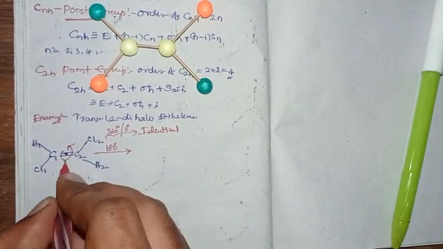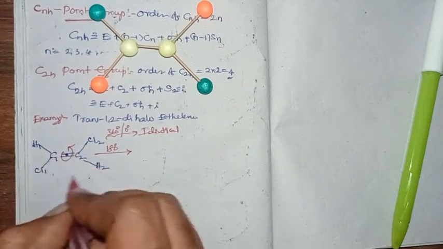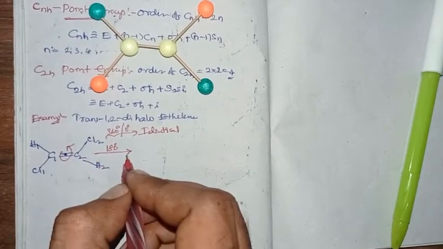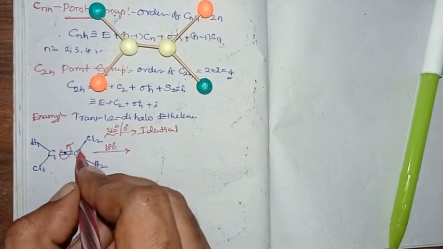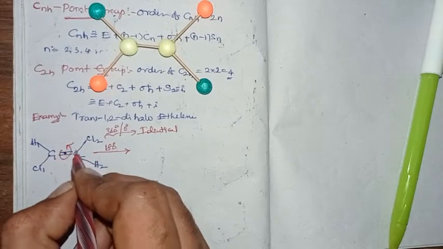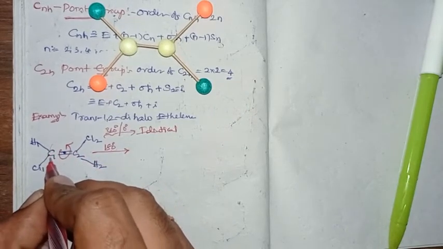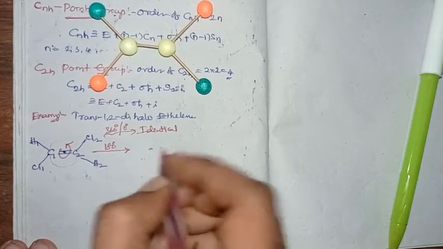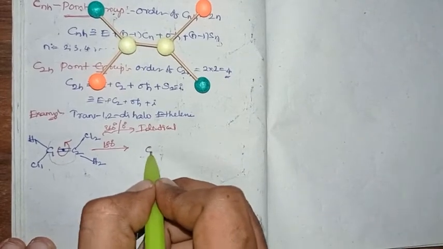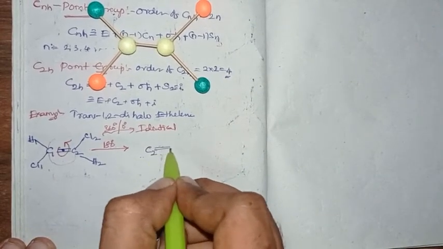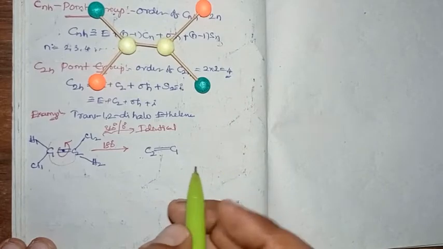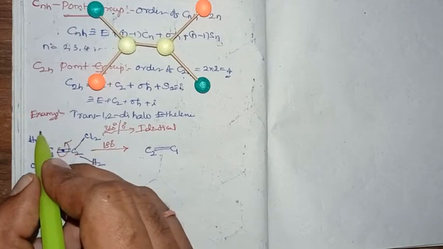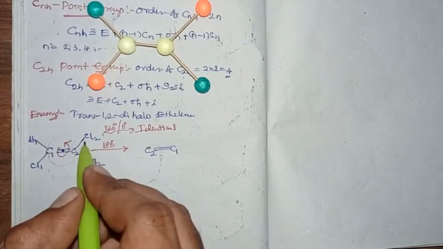The axis passes through the center of gravity point between the carbon-carbon double bond, where carbon 2 from the upward reaches the carbon 1 position, and carbon 1 from the downward reaches the carbon 2 position. So the left side will be carbon 2 and the right side will be carbon 1. Now coming to the chlorine positions, when the whole molecule gets rotated, the chlorines also get rotated.